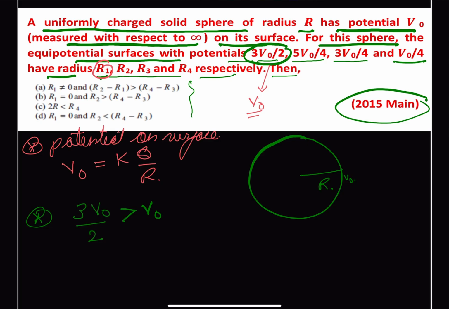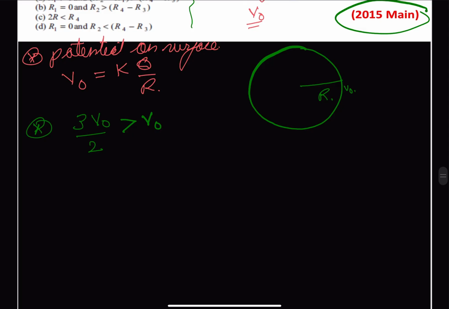Once again, 1.5 is greater than our V naught. Therefore, we can say that for the sphere, the equipotential surface has the potential 3 V naught by 2, and this 3 V naught by 2 has a radius of R1. So let me write the generalized formula for that, and we know the potential inside a uniformly charged sphere.